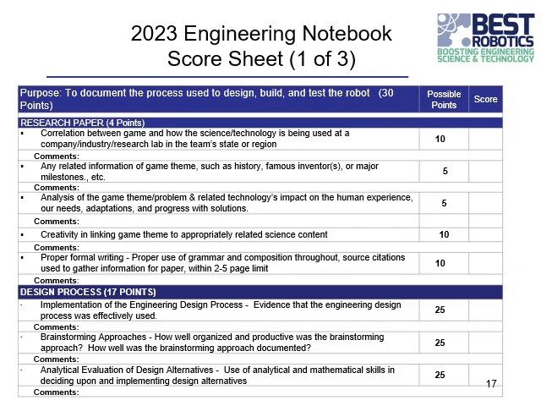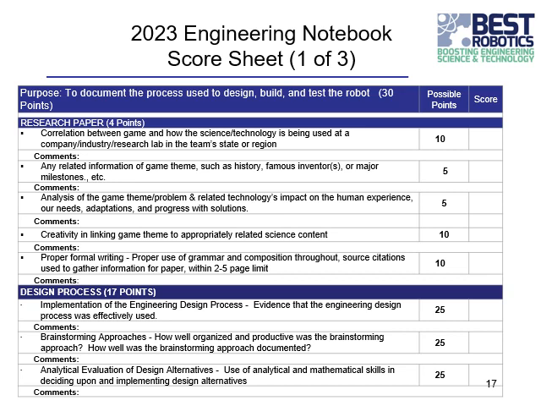Starting from page 1, as you saw in the summary, the research paper is 4 points, or 40 points. And you see the possible points there add up to 40. These are what our judges are going to look at, and they'll give you a score for each of those.